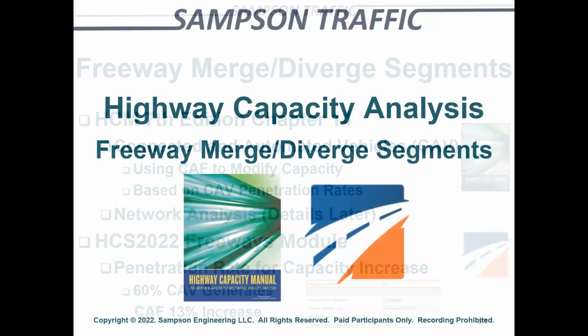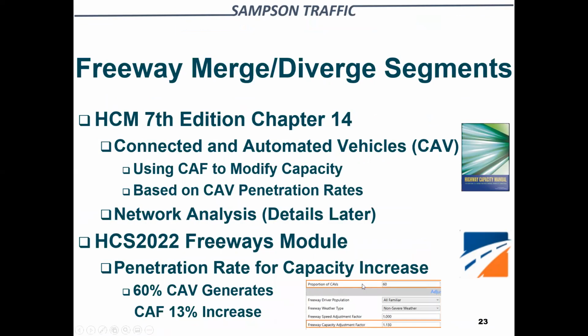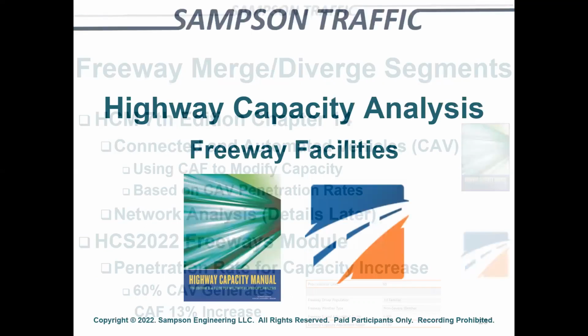And merge and diverge, same thing. A little bit different each time on how it looks on the screen, but you see that same 60% gives you the 13% increase. So for the freeway segments, the implementation of CAV percentages to improve capacity uses the same process. Now, merge and diverge does have some interaction with network analysis. We're talking about the interchange with the arterial.